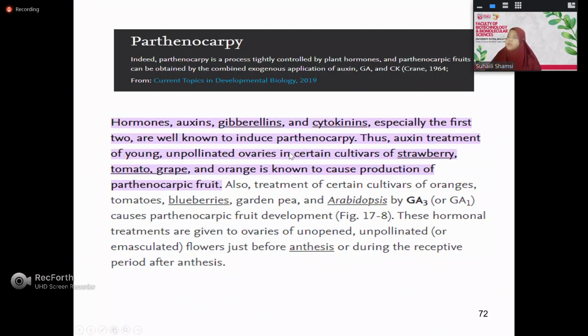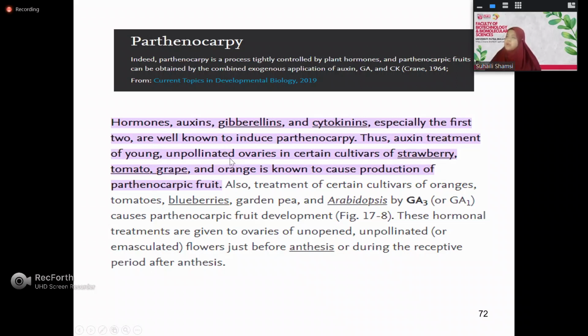So gibberellic acid and auxin work together to induce what we call parthenocarpy. It's a process tightly controlled by plant hormones, and parthenocarpic fruits can be obtained by the combined exogenous application of three hormones here. We have auxin, we have gibberellic acid, and cytokinin. So cytokinin is the one that induces division of the cell itself. Auxin, gibberellic acid, and cytokinins, especially the first two, are well known to induce parthenocarpy.